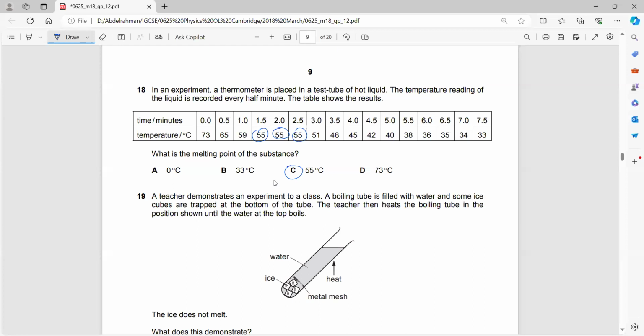If you measure the temperature of melting ice 3, 4, 5 times, as long as it's still melting, the temperature will remain constant at 0 degrees Celsius. For this substance, the melting point was 55, because it kept on repeating at 55.